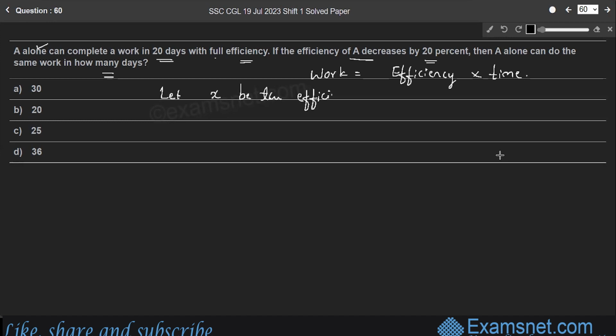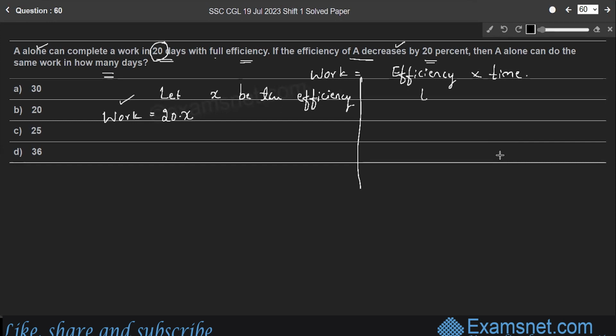In the first case, the efficiency of A is X here, right? So work is equal to efficiency into time. If you take work as W, work is equal to efficiency X into time. A takes 20 days to complete some work, right? So his work becomes 20 into his efficiency. In the second case, the efficiency decreases by 20%. Right?